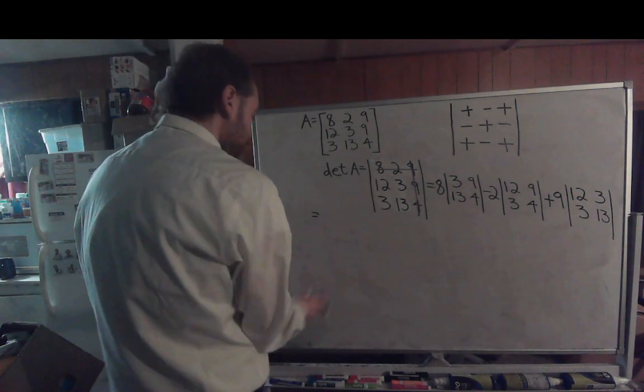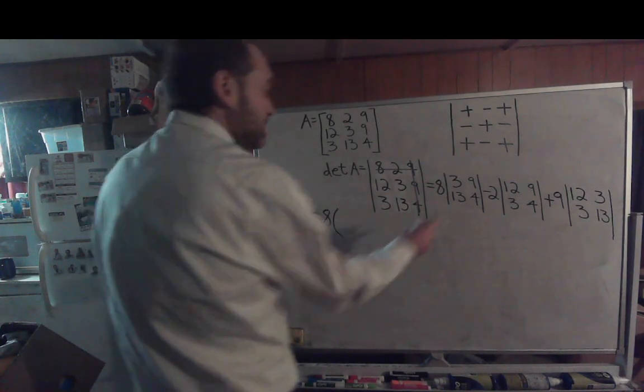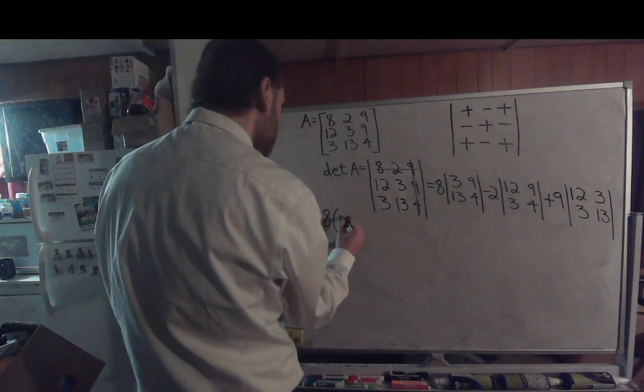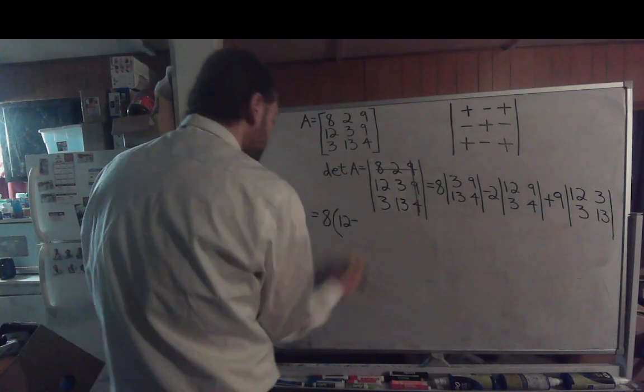So let's get started. So we'll take 8 times 3 times 4 is 12 minus, whoops, I don't want to go that far yet.